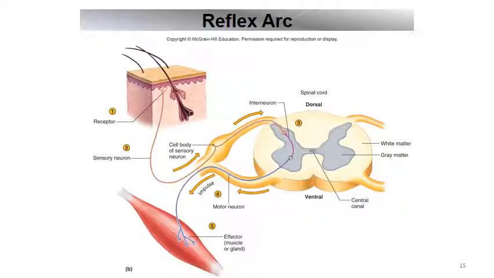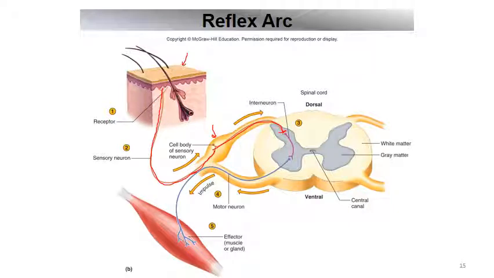Okay, so just the picture showing the reflex arc. So of course it's very simplified, but let's say the information is coming from the skin. The neuron picking up the information from the skin would be the sensory neuron. Sensory neuron is going to go through first the dorsal root ganglion, then continue on through the dorsal root, go into the spinal cord.